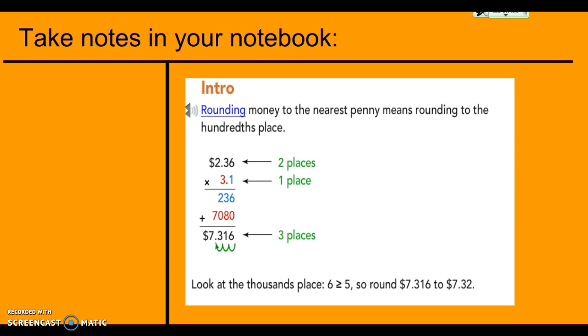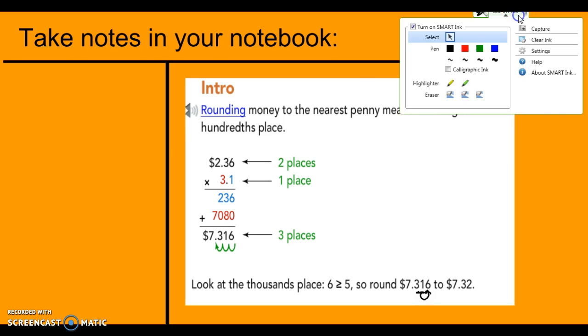So we're going to look right here at this number in our hundredths place. And we're going to underline it and look at the number behind it. You've got a 6. So remember that 6 is more than 5. So that 6 is going to make our 1 change to a 2. Therefore, this number is going to change to $7.32.